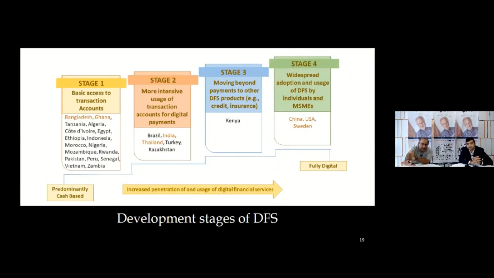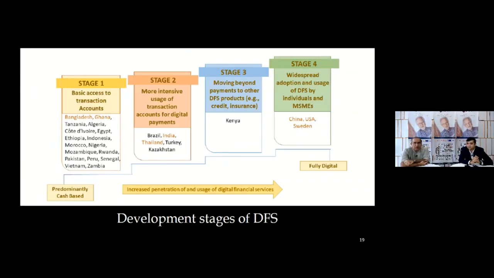China, USA, Sweden. The first thing we notice is these are countries with very high technological capacity. And then you compare them with stage one. Look at these countries in stage one, all very low in terms of technological capacity within the country. The volume of high technology in these countries is very, very low.